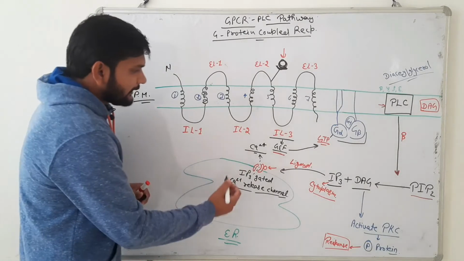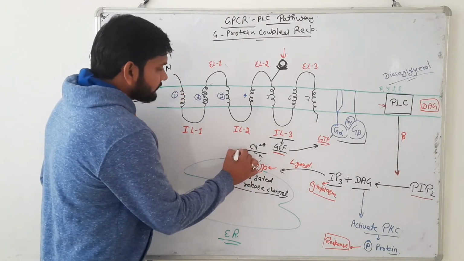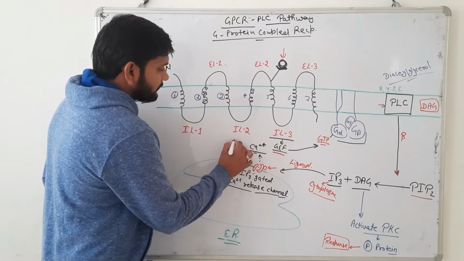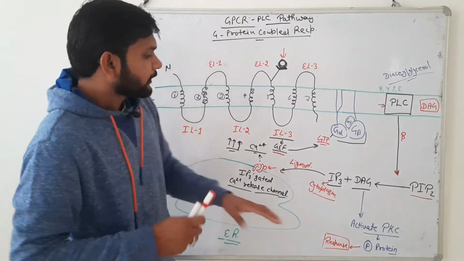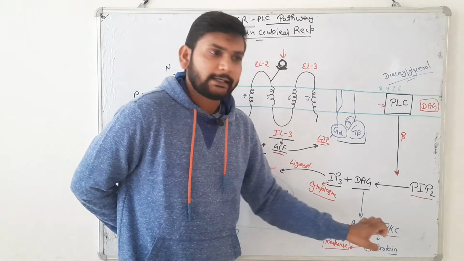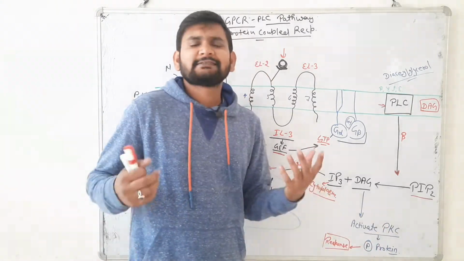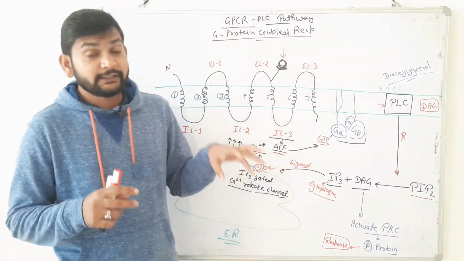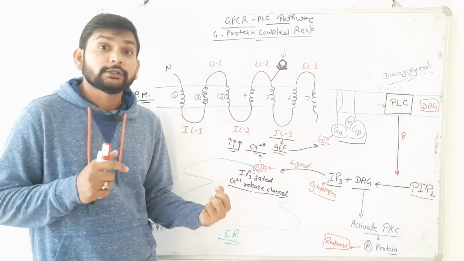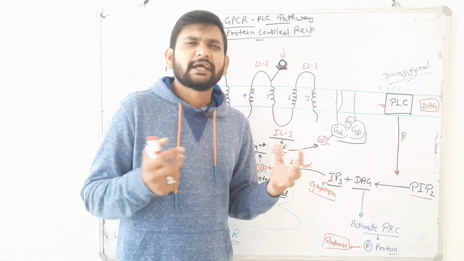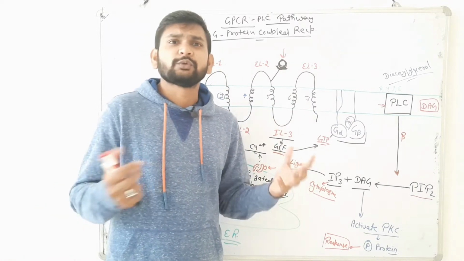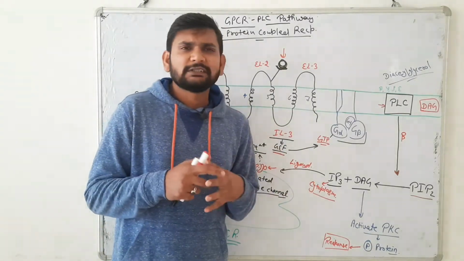Okay, so calcium concentration in the cytoplasm will increase. So what will happen? After the activation of protein kinase C, kinase means it will phosphorylate a particular protein. After the phosphorylation, the protein gets activated and responds in the cell.